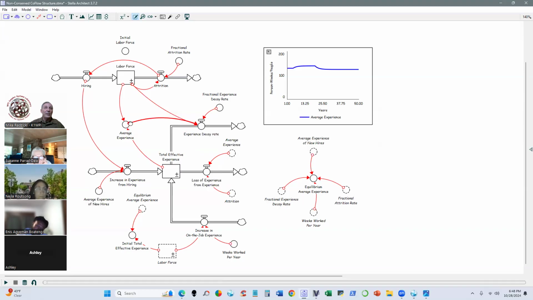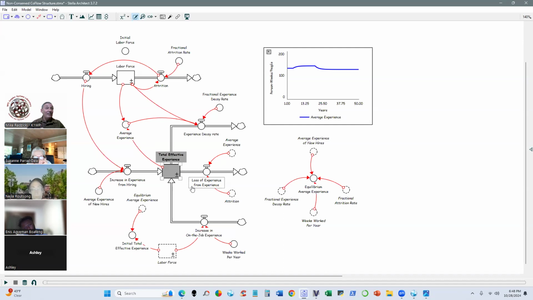Instead, I made a ghost over here. So there's an attrition rate. Here's their attrition. They're leaving the firm, retiring or whatever. So they're attriting and they're dragging along their average experience.